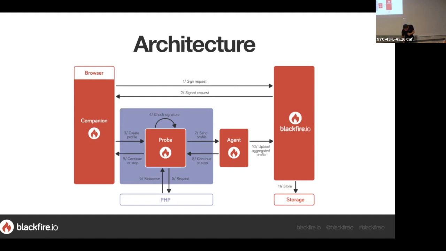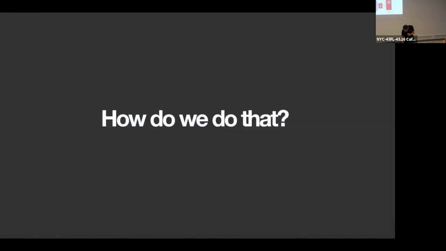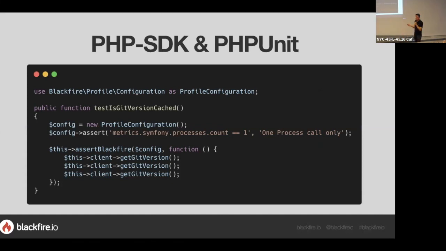Here is a stripped down PHPUnit test case. You can instantiate the Blackfire client here, and for your test, we will run a profile during your test and extract metrics. In this tiny part here, we can assert on the metrics instrumented from your code.